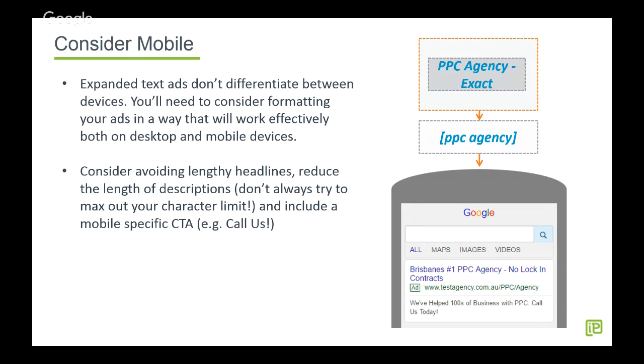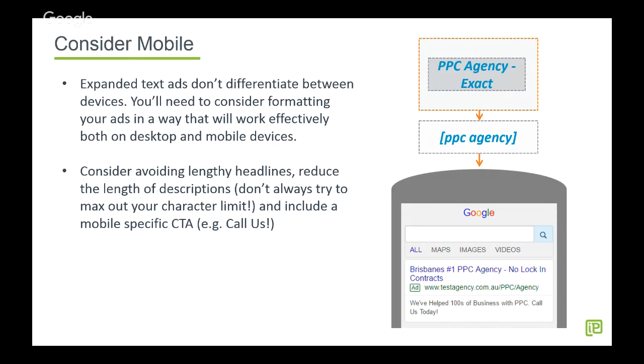So as I mentioned, definitely avoid anything lengthy and try to reduce the length of your description and really get straight to the point. And what you want to be doing as well is using a mobile specific call to action. So if you have a really great mobile site and it's very user friendly and someone can make a clear action like an inquiry or a purchase on mobile with little barrier, then you could potentially look to use the same call to actions.